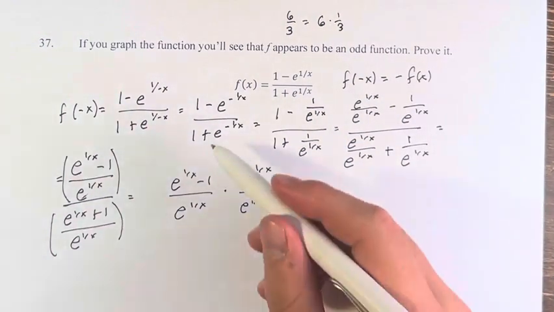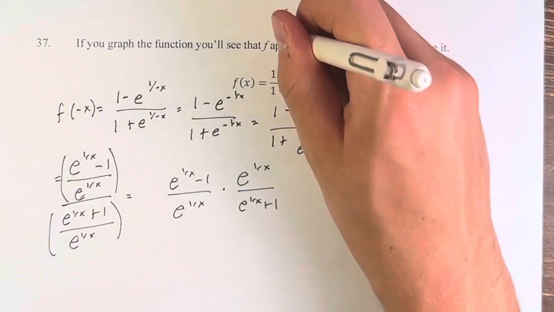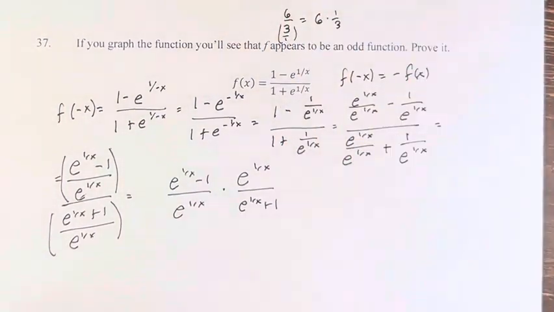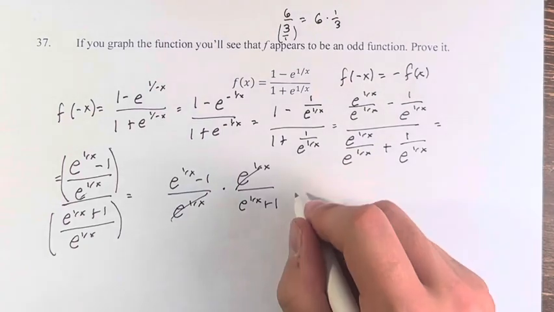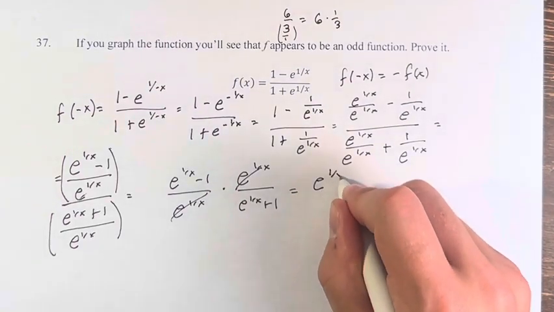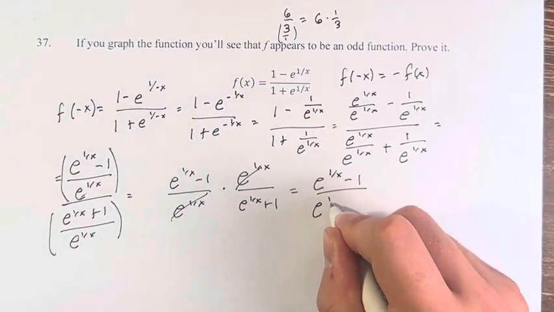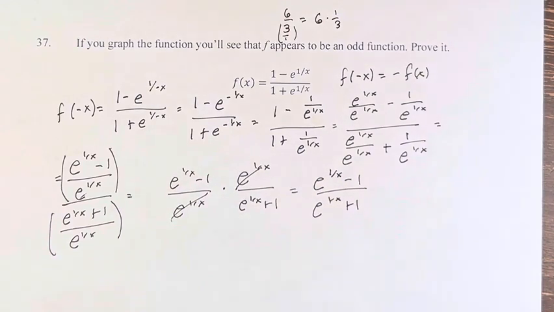Right? So we're just flipping the fraction because this is equal to 3 over 1. So e to the 1 over x cancels, and we're left with e to the 1 over x minus 1 over e to the 1 over x plus 1.